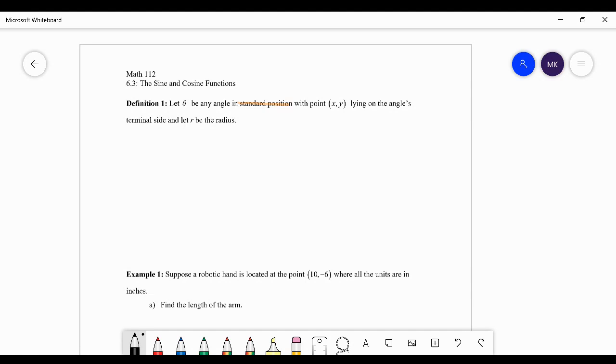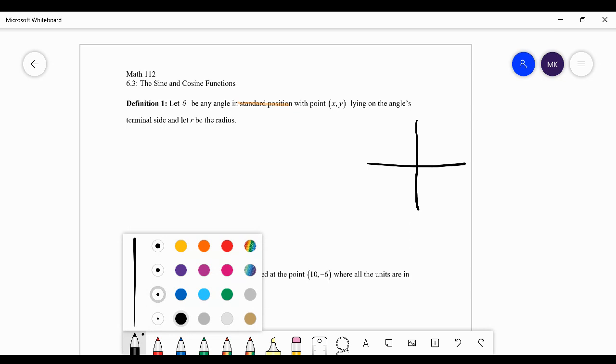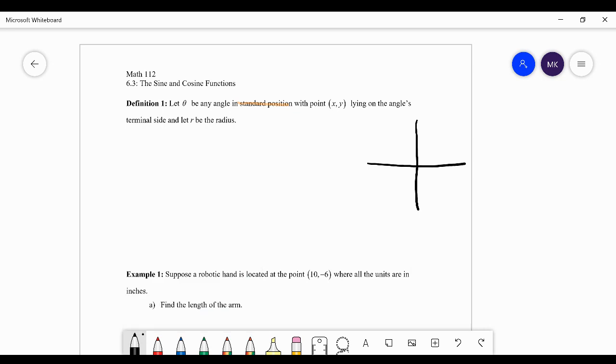So we've got our good old x and our y. We have some angle theta, and some point on the terminal side.